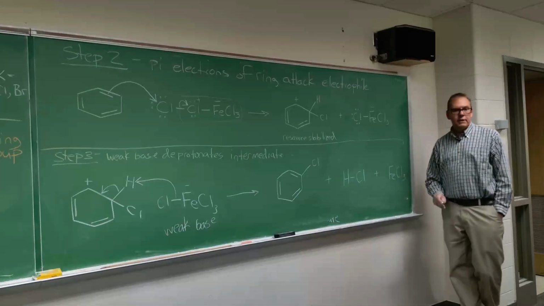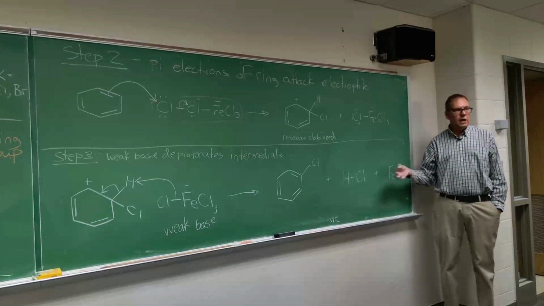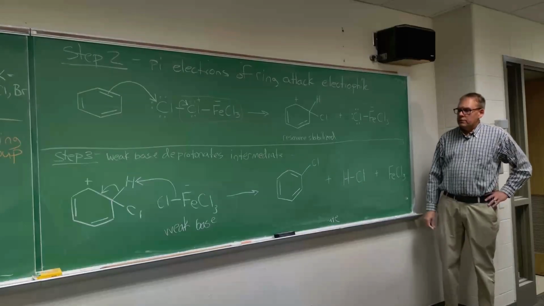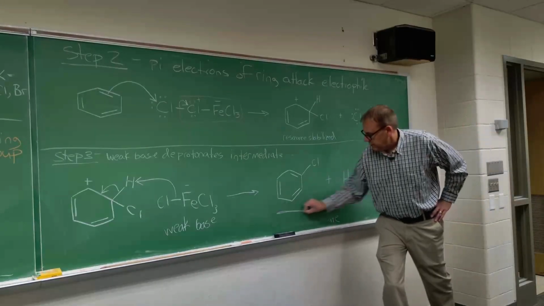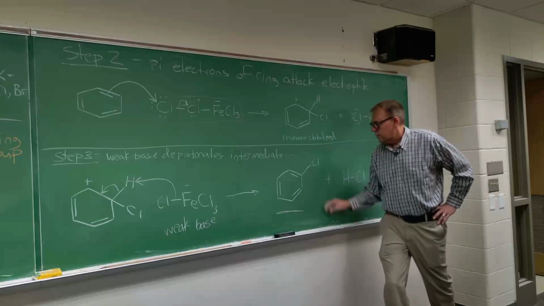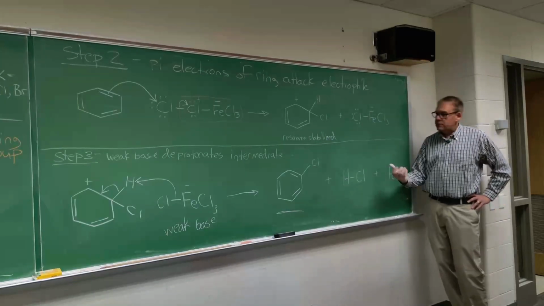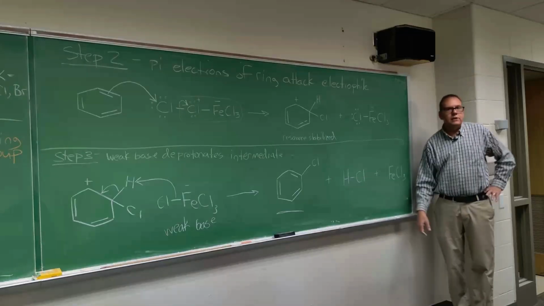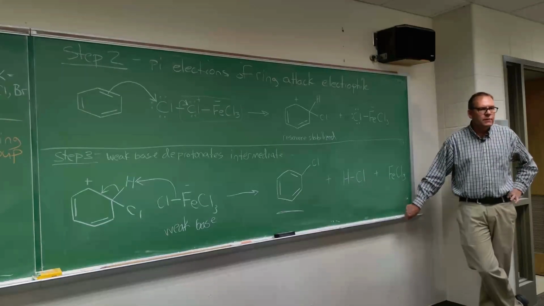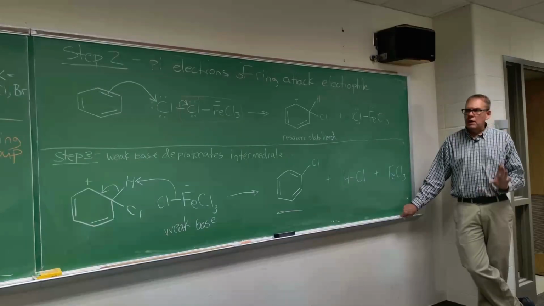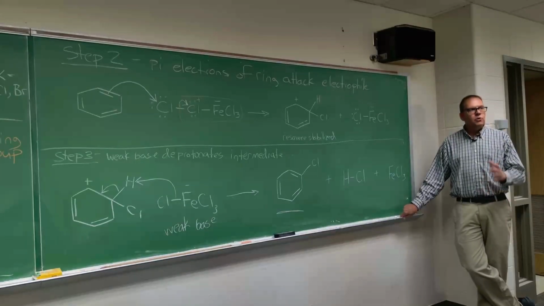It reforms and it can react additional times and catalyze another round of this reaction mechanism. So that's the final product right there. It's got a chlorine substituted in place of where one of the H's was. And that H that was originally there is part of this HCl molecule. So that's chlorination. Bromination is exact same mechanism, just with bromines in place of chlorines.